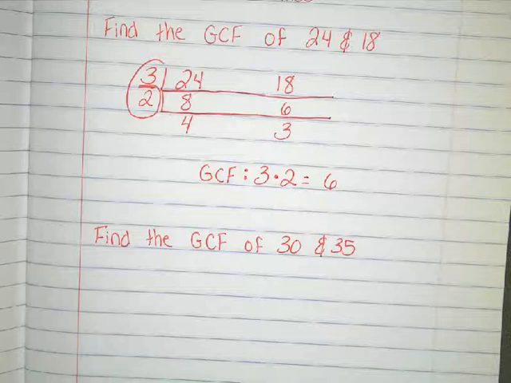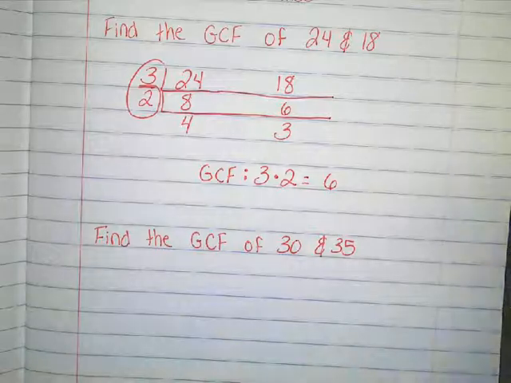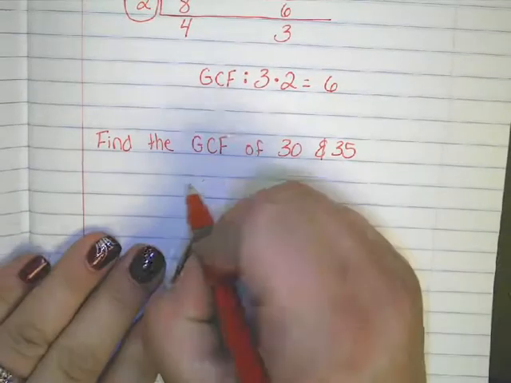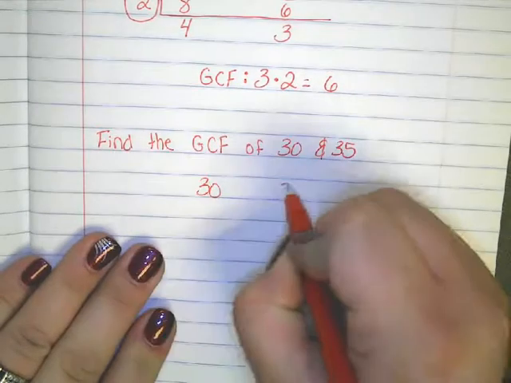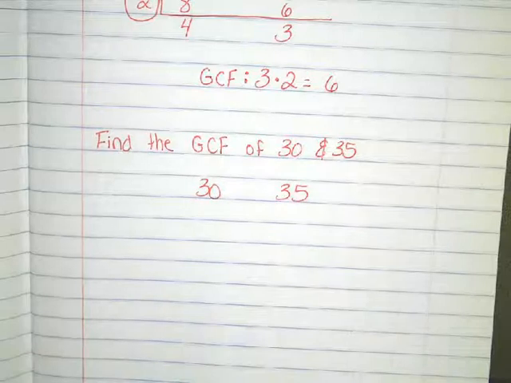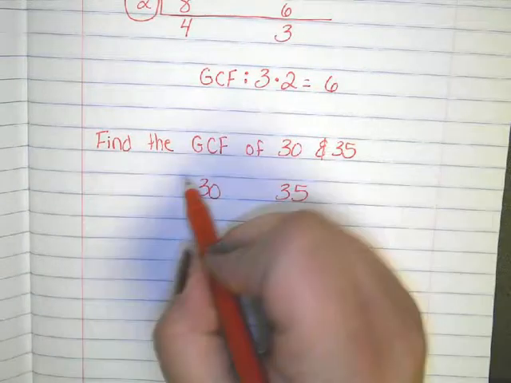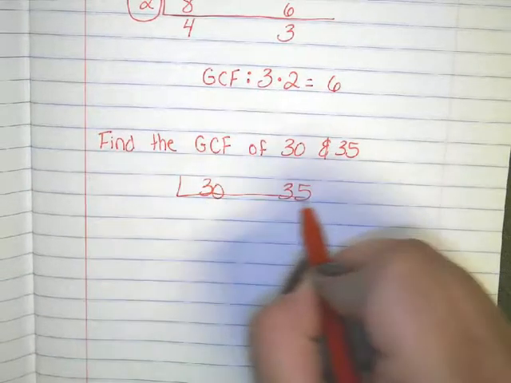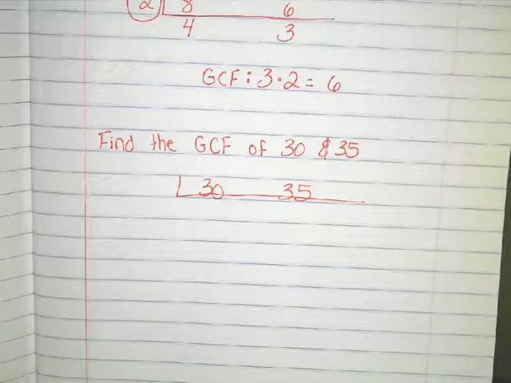Alright, let's check it and see how you did. So I'm going to start with 30 and 35, leaving some space between them. I'm going to do an upside down division. Now what number goes into 30 and 35? Sam? 5.